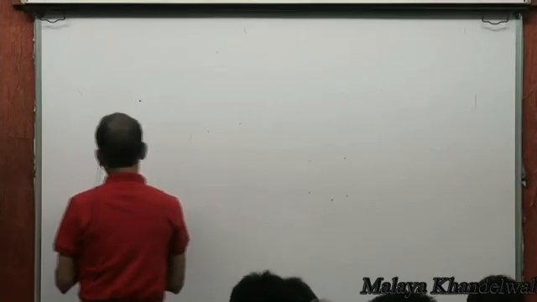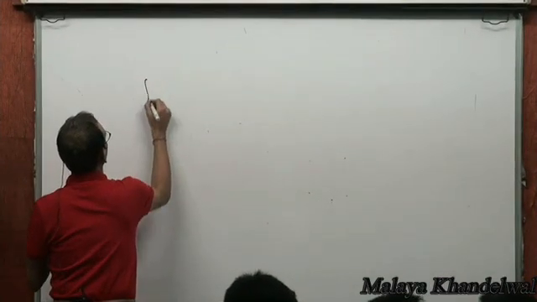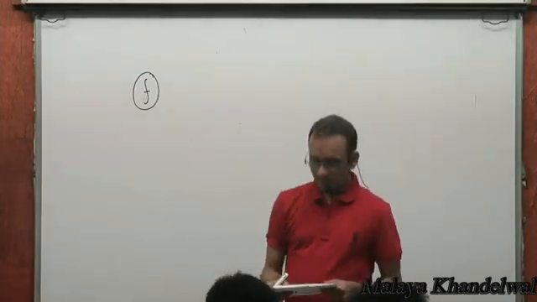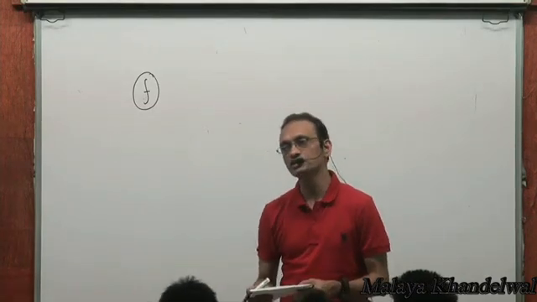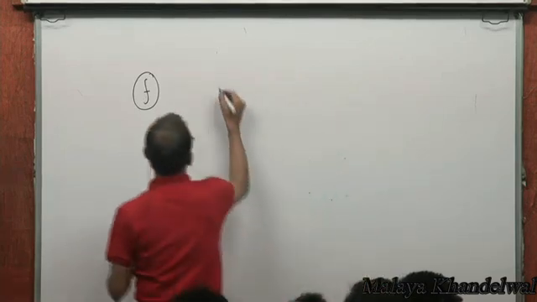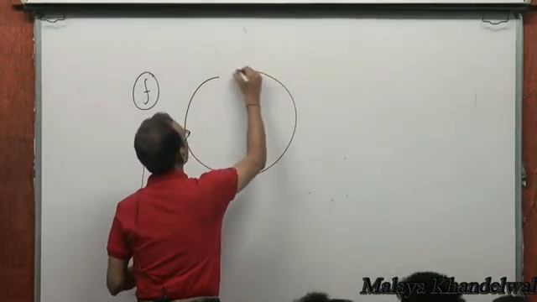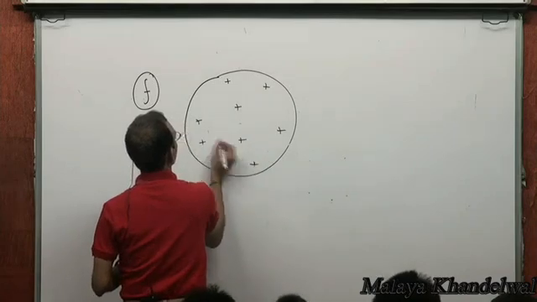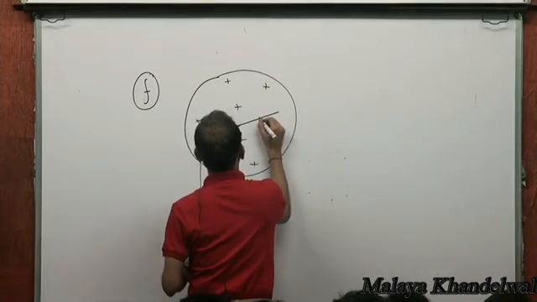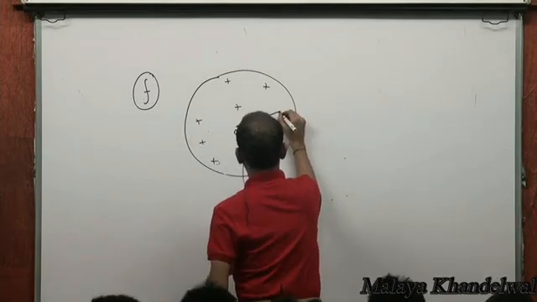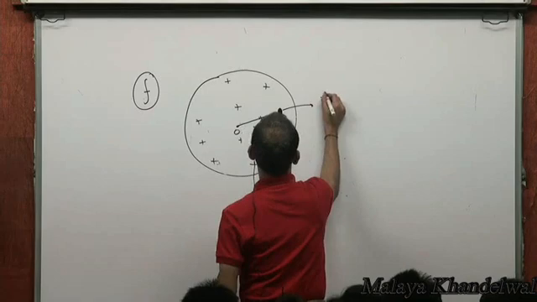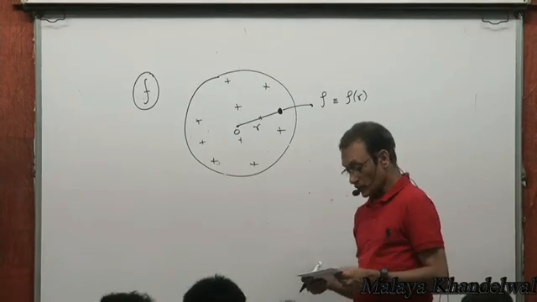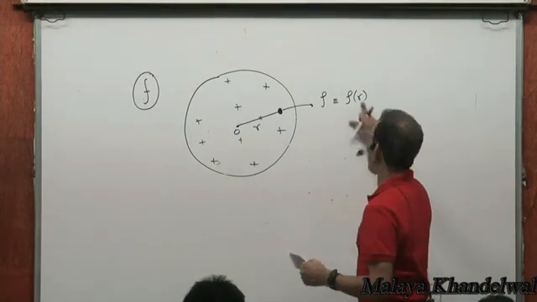Now, let me look at F. There is a spherical region in which charge is distributed, where at a distance r from the center, the volume charge density would be a function of r alone.